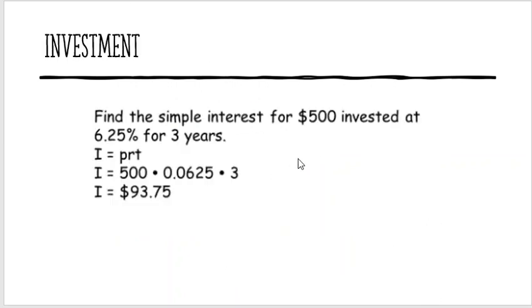Okay, so let me show you another example. This one is for an investment. It says find the simple interest for $500 invested at 6.25% for 3 years.